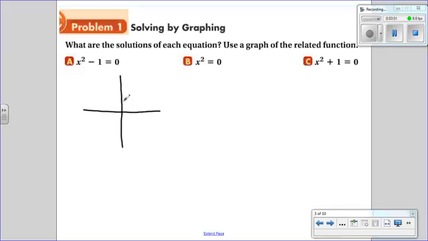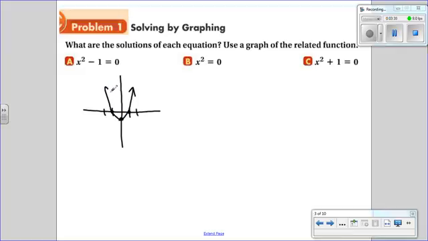If we graph these, for x squared, remember the -1 kicks it down 1. If I plugged points in, if I plugged 1 in, 1 squared minus 1 is 0, so that's (1, 0). And same with -1. And if I graph these, it would go like this.